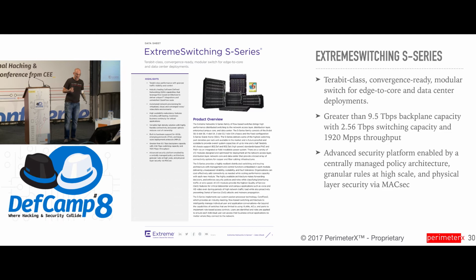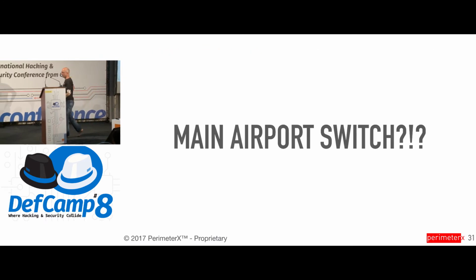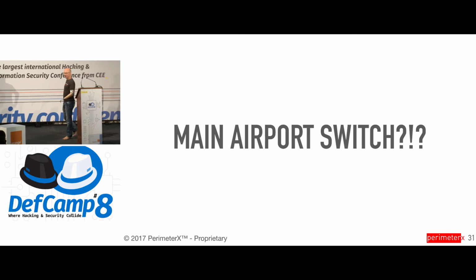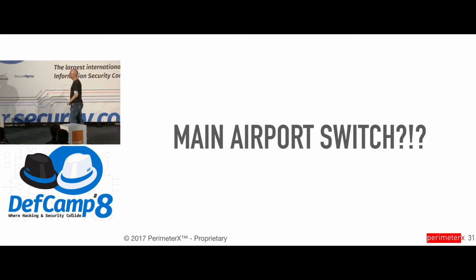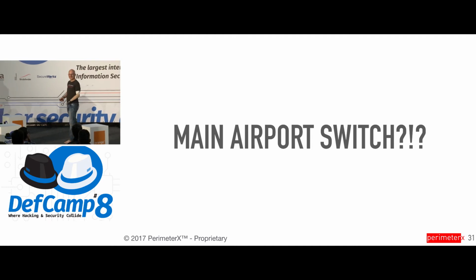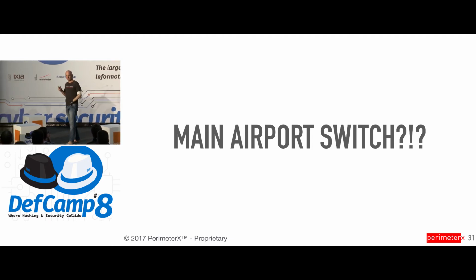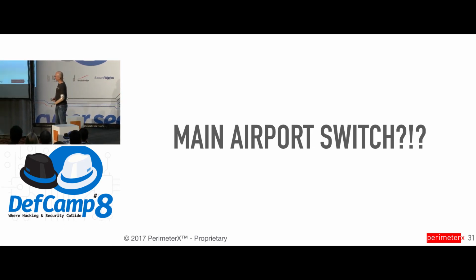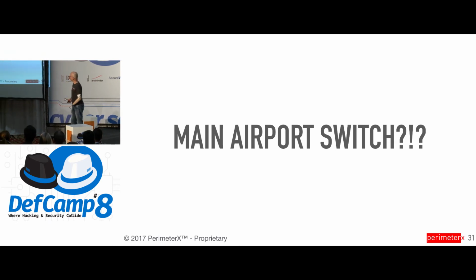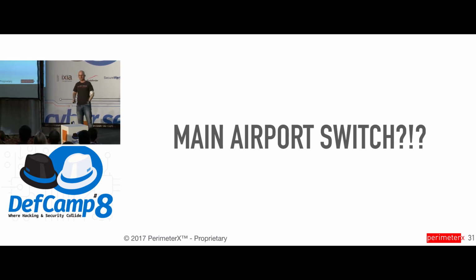Advanced security platform enabled by a centrally managed policy architecture, blah, blah. So as you can guess, this is actually the main airport switch. This is not the little wireless router, I'm like, okay. Now I start taking screenshots because this has to be recorded. So let's look at the VLANs because this is where it gets interesting. So, administrators, right? Gotta be interesting.